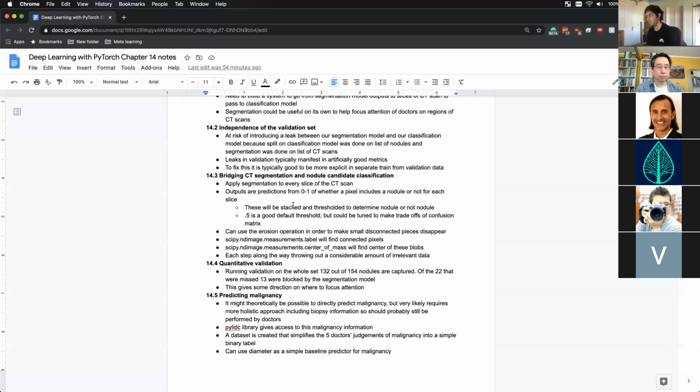One of the things they were showing is that in this pipeline, all along the way, we're essentially eliminating pieces of irrelevant data. We start with the segmentation, and in that we have all of these pixels that we don't care about. The segmentation model can eliminate some factor that helps us focus. Then once we have the connected slices, we pass that to the classification module, and that module will determine nodule or not a nodule.